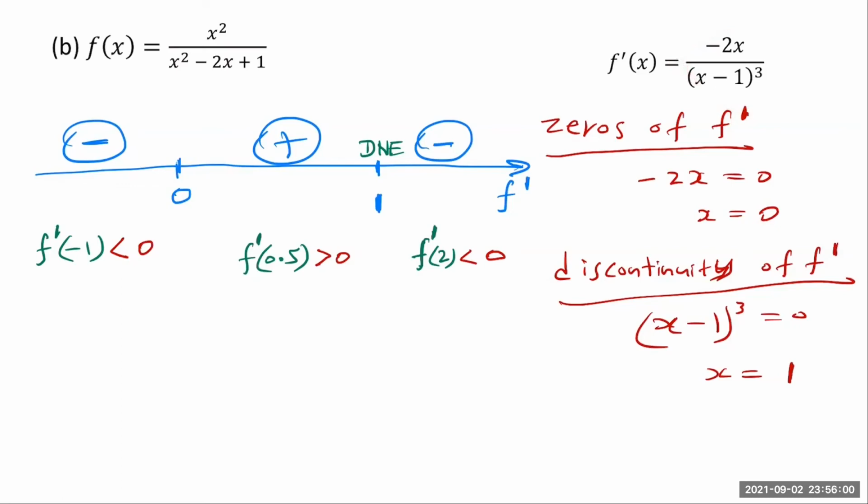Now I can use the first derivative test. By the first derivative test, I can conclude that here I'm going to have a local minimum. Why is that? Because the derivative is negative on this side, which means your function should look like this. Here it is positive, so your function should look like that.